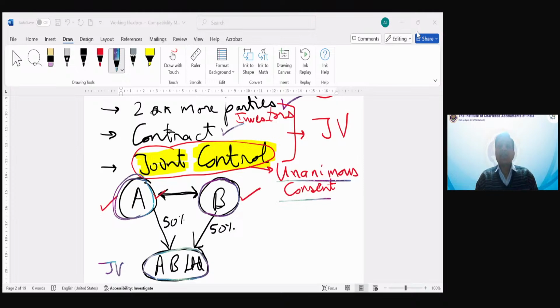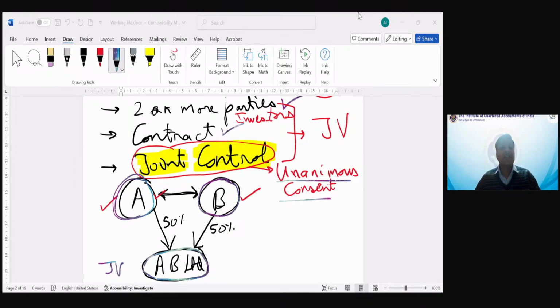No, the moment you say that it is overriding, meaning A can bypass B, then the unanimous consent will go away. And the moment you have that, joint control will not be there. And if the joint control is not there, then it will not be called a joint venture. Understood? So for a joint venture to be in place, joint control has to be there.